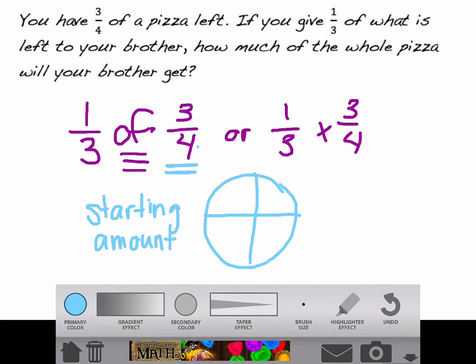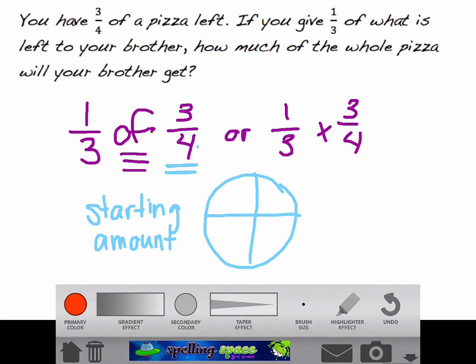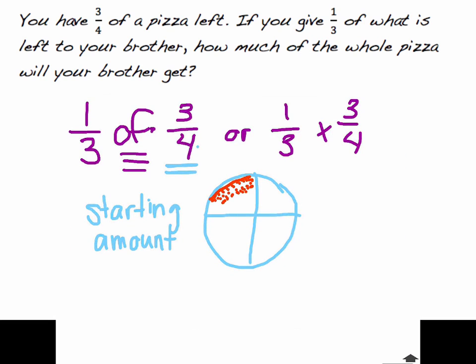Of those fourths, I have 3 that are left. So here's 1, 2, 3 of the 4 original pieces left.